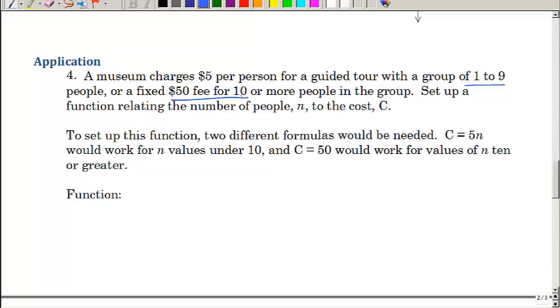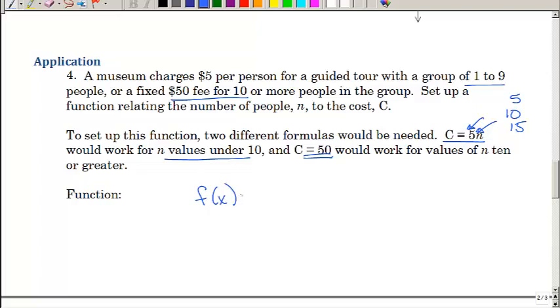Sure. Meaning, let's say the cost if you had under 10 people would be $5 times however many people you had. So if you had one person, it would be $5, two people, it would be 10, 3, 15, and so forth. But once you got up to 10 people, all you would pay is $50. That would be a piecewise function.